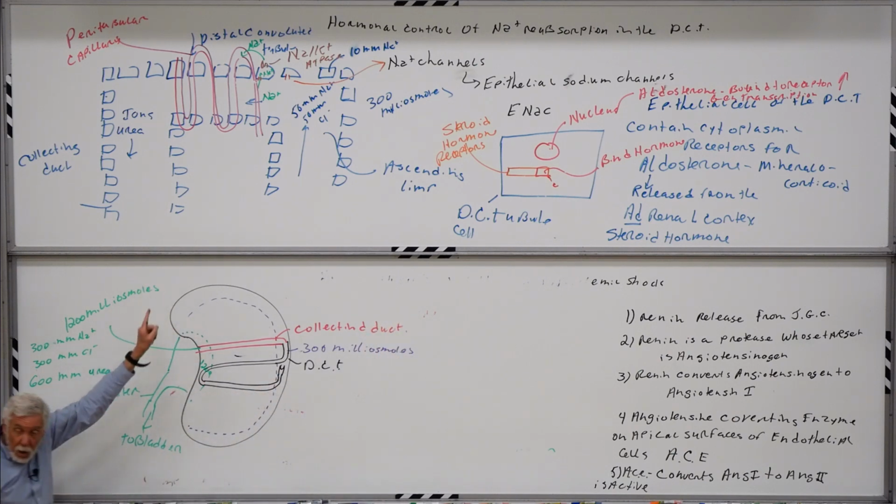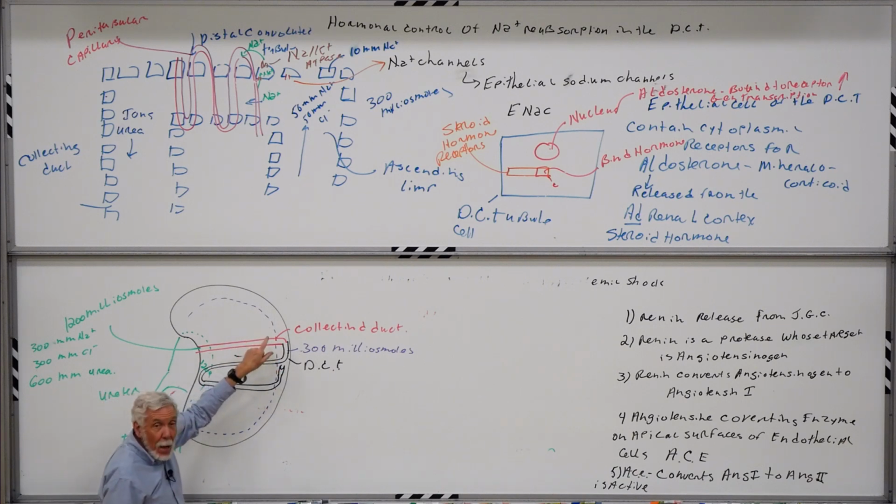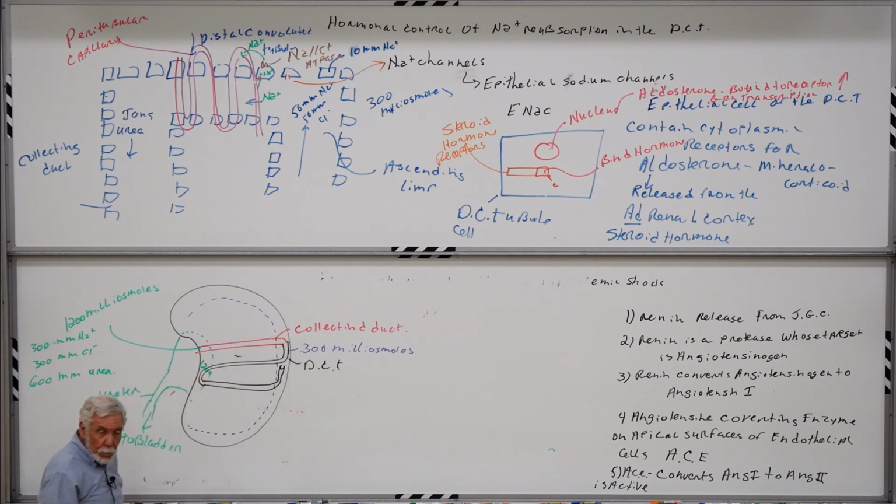Now, as we've talked about in the upper panel, this collecting duct is simply, again, a tube constructed from epithelial cells stacked one next to another, all along the length of this collecting duct tube.